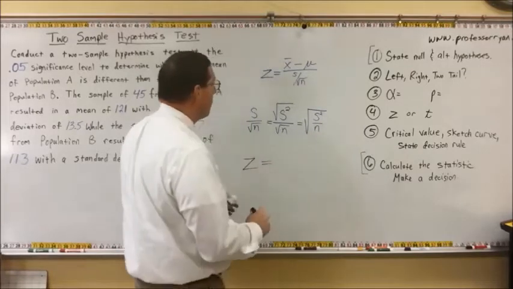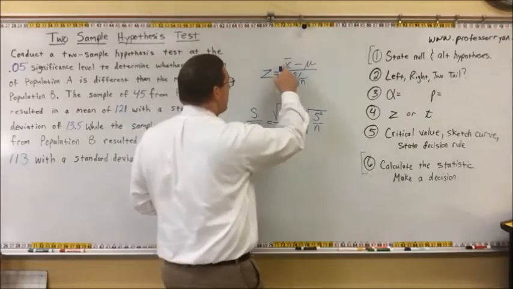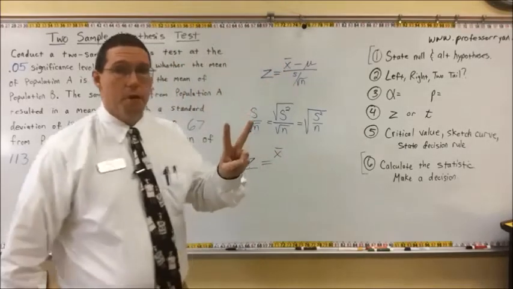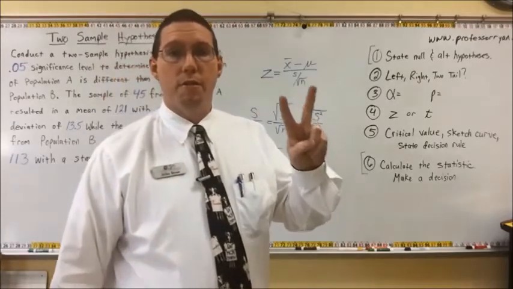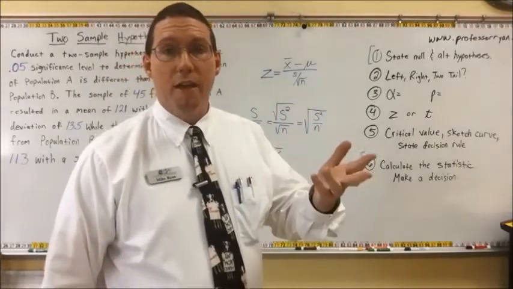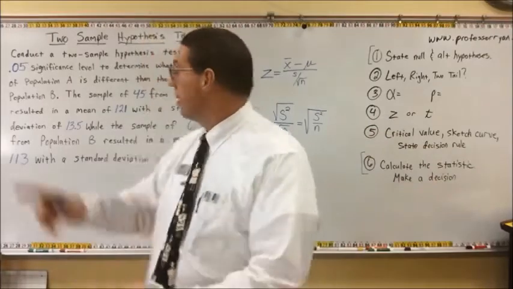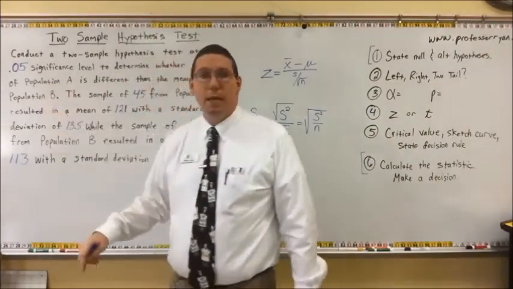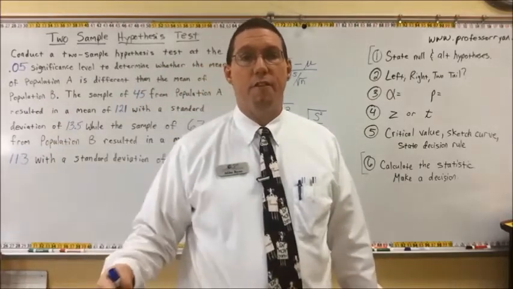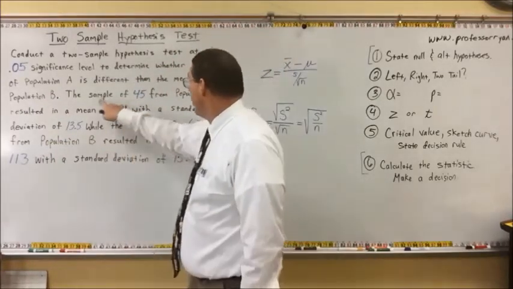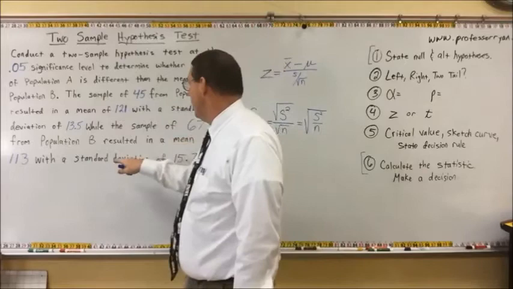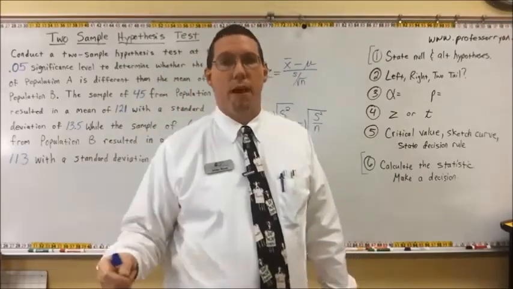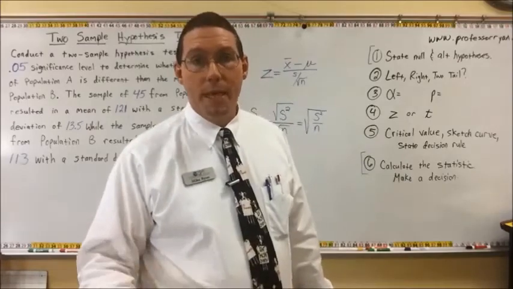Z is equal to, instead of having x bar minus mu, we have 2 samples. That means we have 2 sample means. If we have a population A and population B, and we take a sample from population A and a sample from population B, each of those samples is going to have a different sample mean.